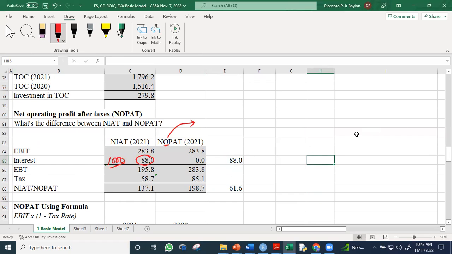Why not 88? What's the discrepancy? We did not charge management with the interest expense. But why is it that the NOPAT is only higher than the NIAT by 61.6?